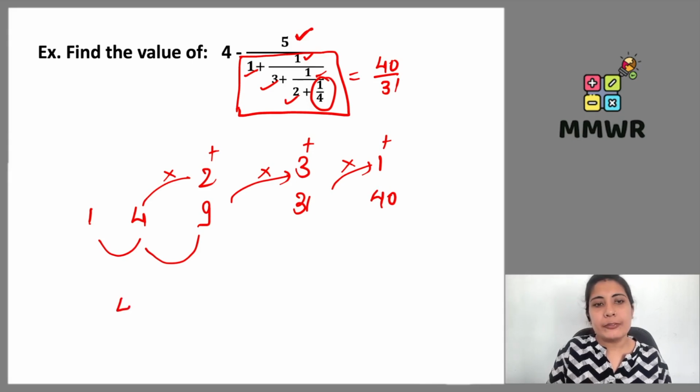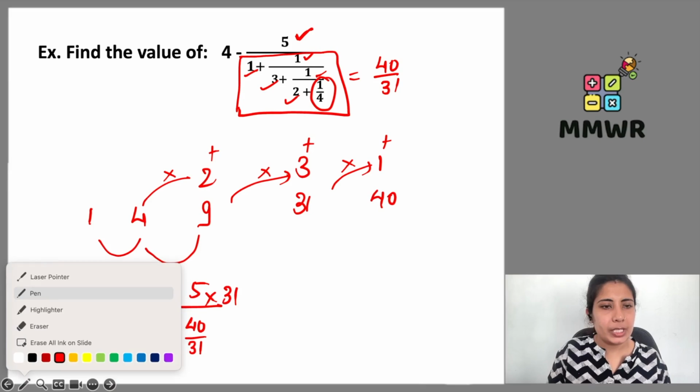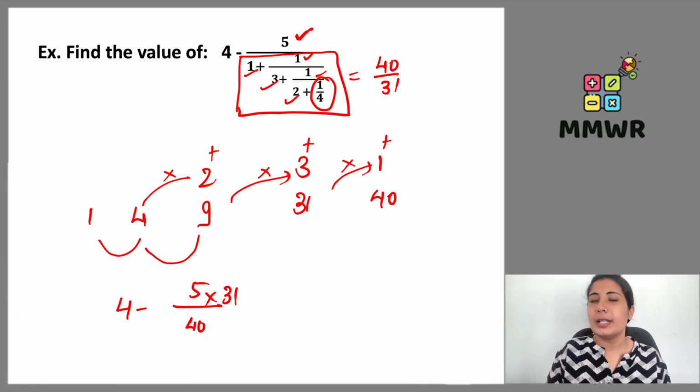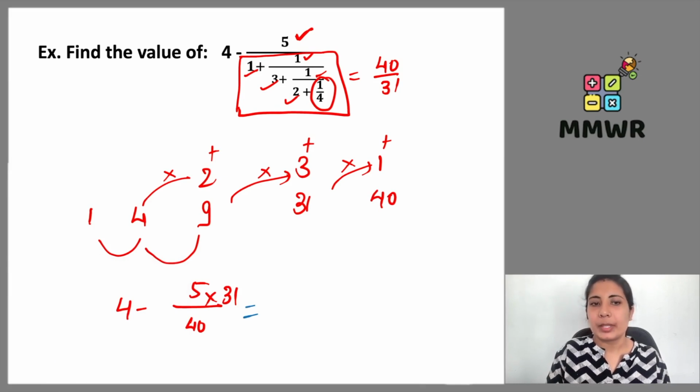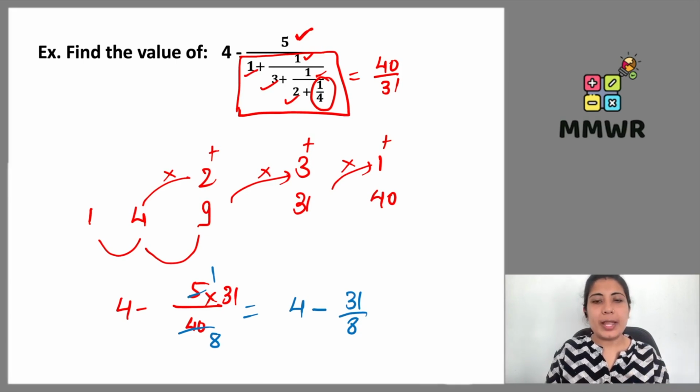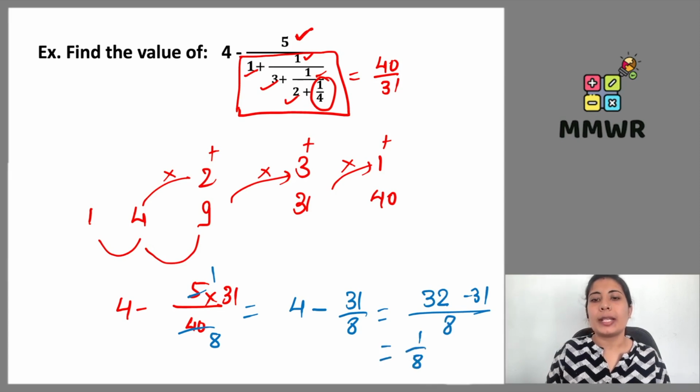But this is in this way: 4 minus 5 upon 40 upon 31. So 40 upon 31 can be written as 31 upon 40 because it is coming into the denominator of 5. 5 के upon में एक fraction आ रहा है, so we will be writing in this way. Now 5 ones are 5, 5 eights are 40, which gives me 4 minus 31 upon 8. Now after simplifying this, we get 4 eights are 32 minus 31 upon 8, which is 1 upon 8.